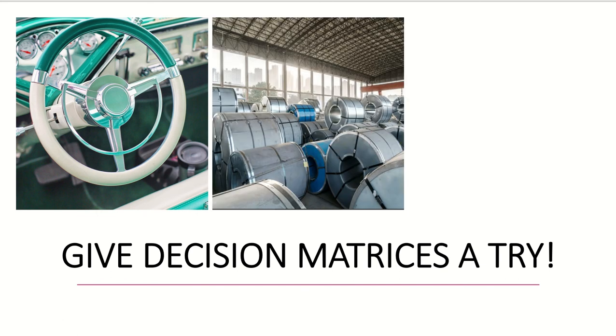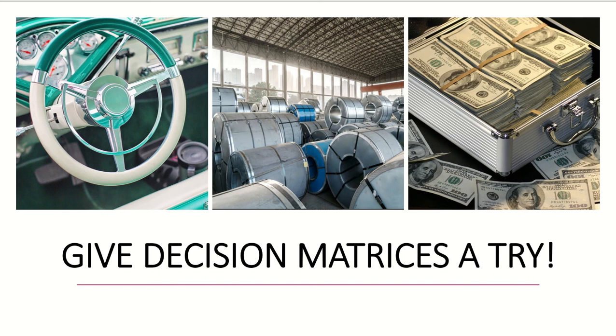You could also use a decision matrix to decide which supplier to select for your business by evaluating your options based on criteria such as price, length of contract, level of service, and reliability. And you may use a decision matrix to decide where to invest your money by evaluating your options based on criteria such as rates of return, your risk tolerance, diversification, and market volatility.